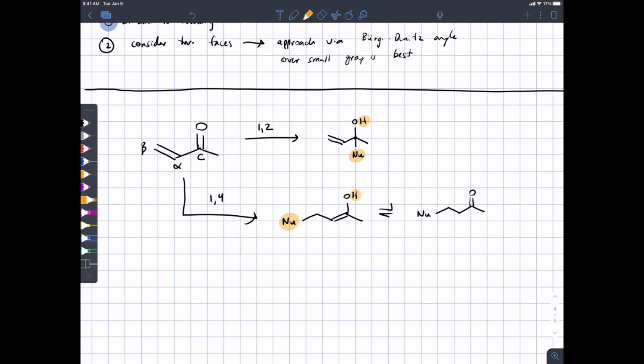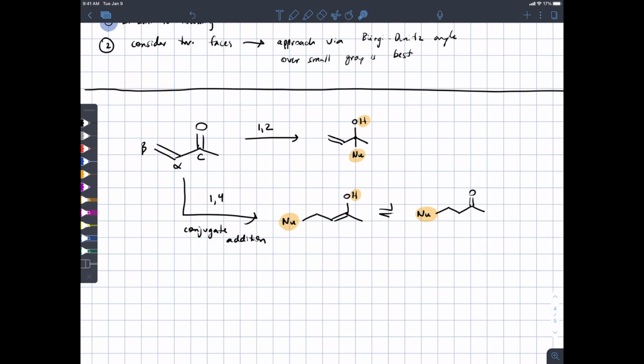Though in practice, that gets confusing because this is the product there, so where's the thing on 1? Nevertheless, we continue to call them 1,4 additions. We also call these conjugate additions, and some people will call these Michael additions, though I think the Michael reaction refers specifically to attack of an enolate on the beta carbon.